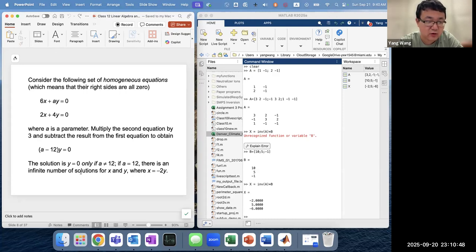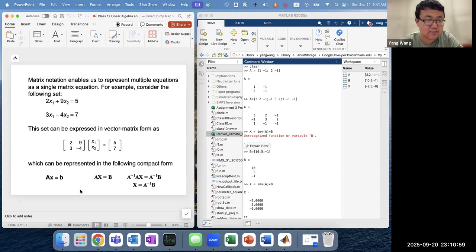If a equals 12, then there is an infinite number of solutions for x and y. So this is a generalized form to tell whether the equation is singular or not.